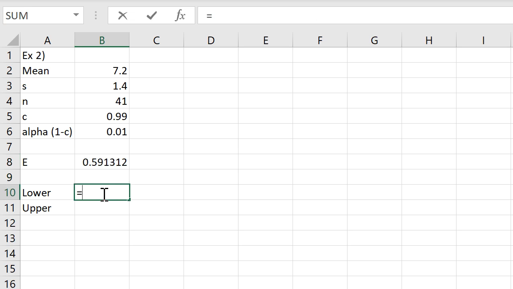For our lower, it's going to be equals our mean of 7.2 minus our E. And for our upper, again, our mean of 7.2 plus our E. And we can take that back to the notes to finish this problem off.